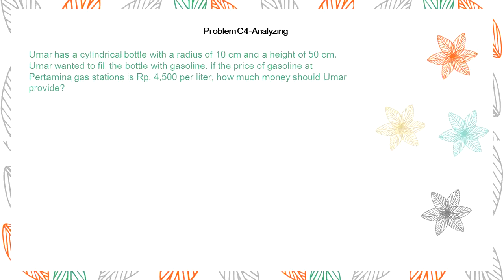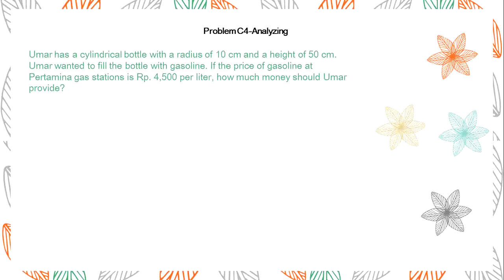If the price of gasoline at Pertamina gas station is 4,500 rupiah per liter, how much money should Umar provide? Why is this question included in cognitive 4? Because in cognitive 4, the work of the brain takes information in one step and applies that information to solve the problem. However, this information has not been able to solve the problem.